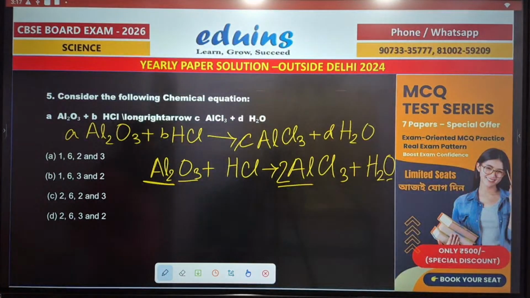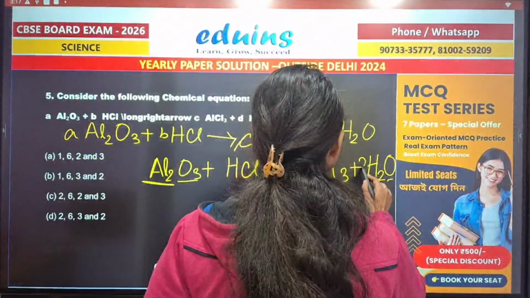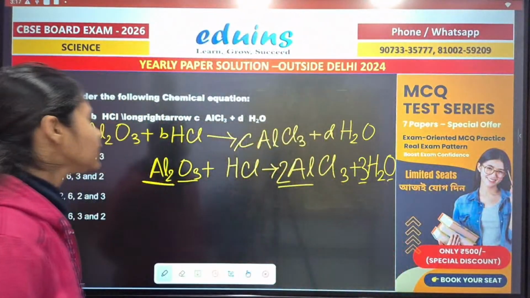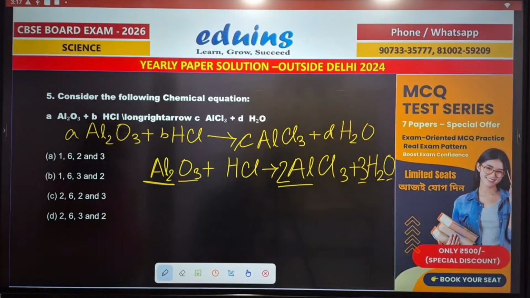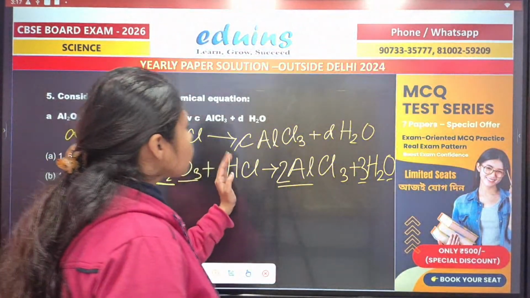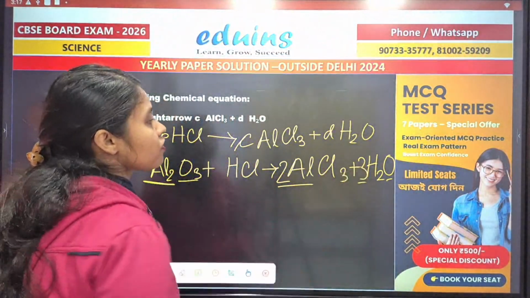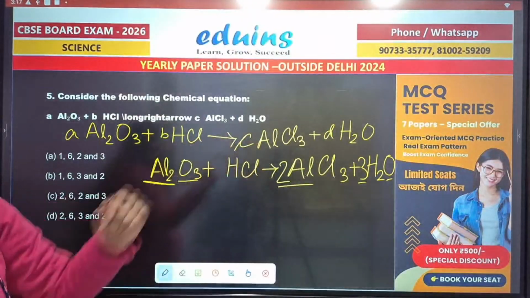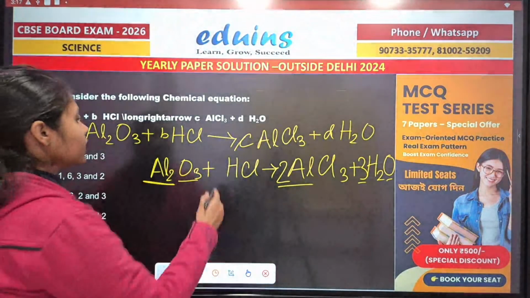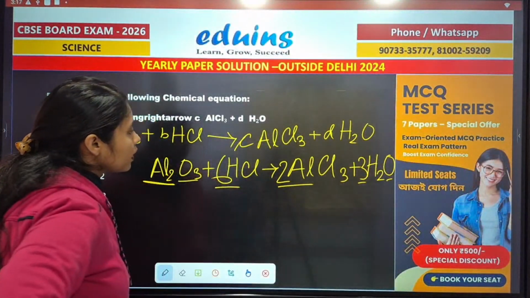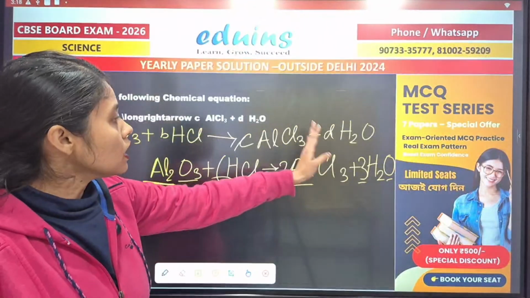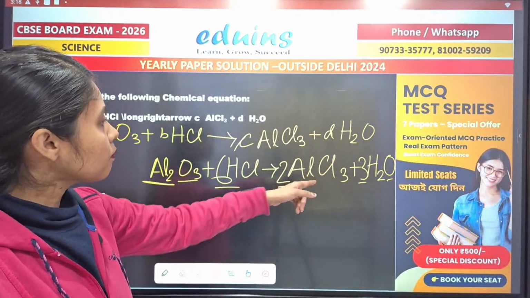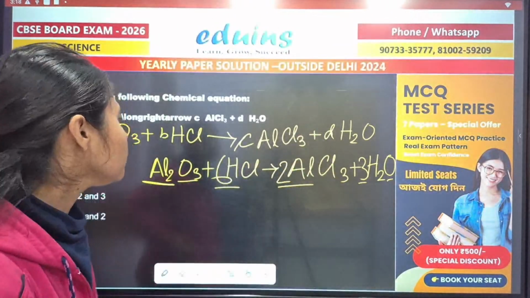So we have to write 3 here. So there is 3 oxygen and there 2 oxygen. Then the number of hydrogen atoms is 6, so we have to write 6 here. So 6 hydrogen atoms, 6 hydrogen atoms, and chlorine atoms also 6 and there also 6.